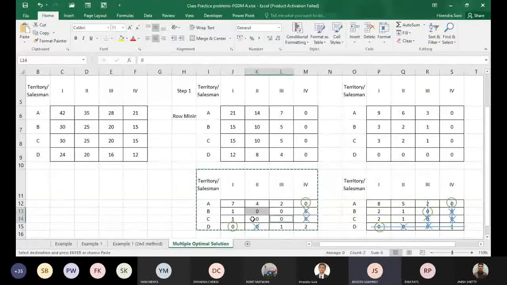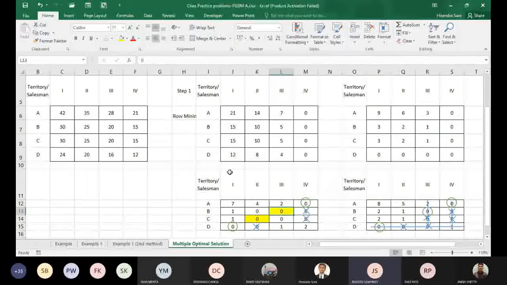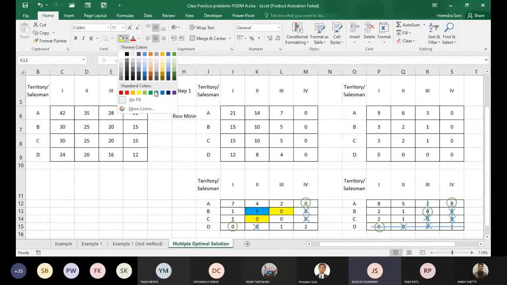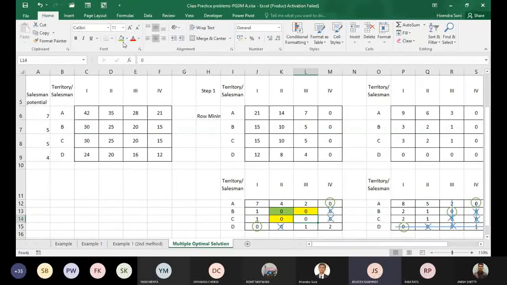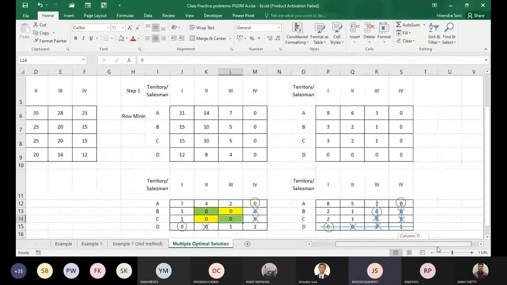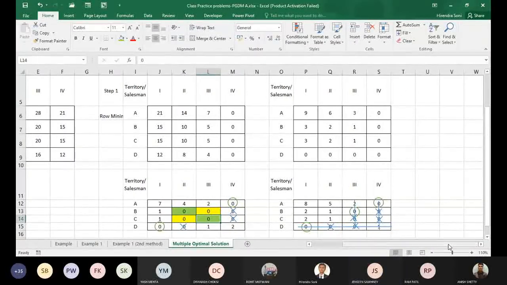So I can have an allocation like this also, or I can have an allocation by selecting these two diagonal elements. So this is an example of multiple optimal solution.